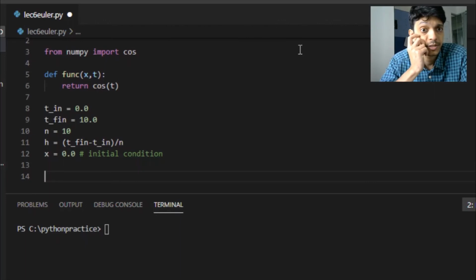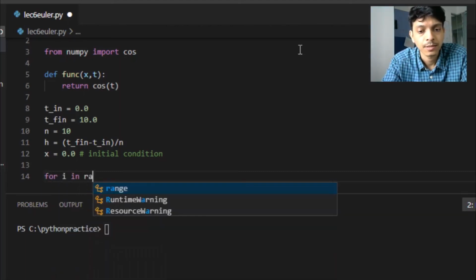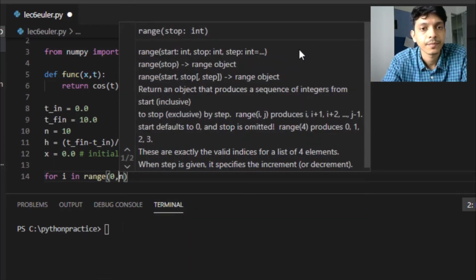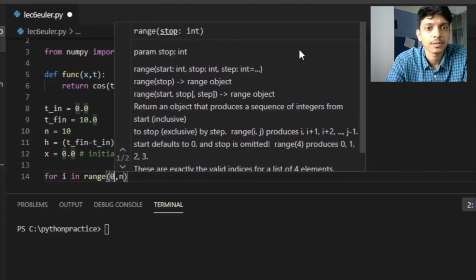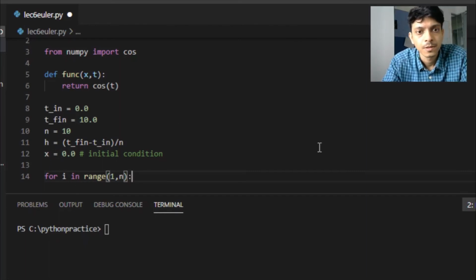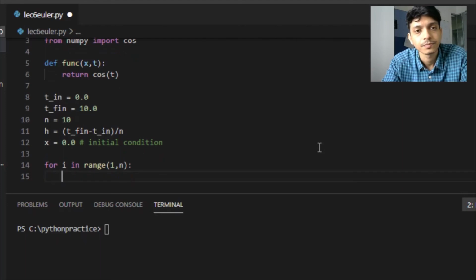Now I think I'm ready to start my Euler method iterations. So for i in range, actually I'm not going to take 0, I'm going to take from 1 to n, because x0 we already know. This is our x0, the initial condition. For this range, first I want to define a ti.